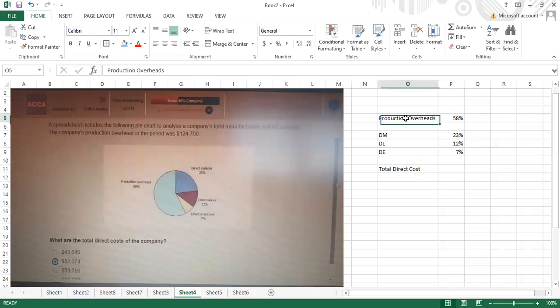So production overheads are 58% and all the others are direct, so obviously the direct cost would be 42%, if I just talk about the percentage. Now the cost given for the production overhead is 124,700.